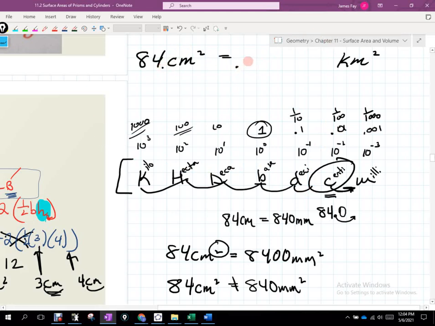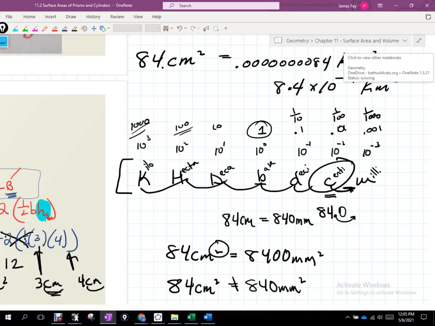So I'm going to have 0.00000000084. A lot of times they write that as 8.4 times 10 to the, how can I write this in scientific notation? Negative, well, 1, 2, 3, 4, 5, 6, 7, 8, 9. Always put it between the 8 and the 4. Kilometers squared.